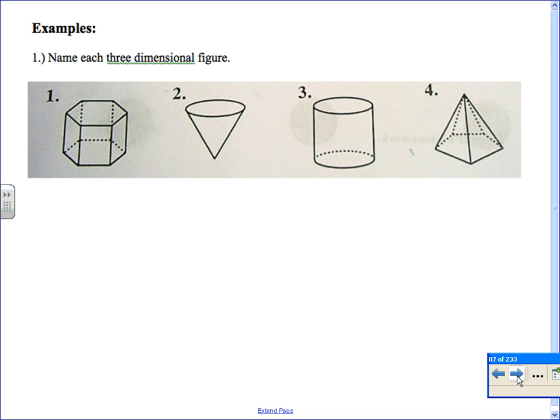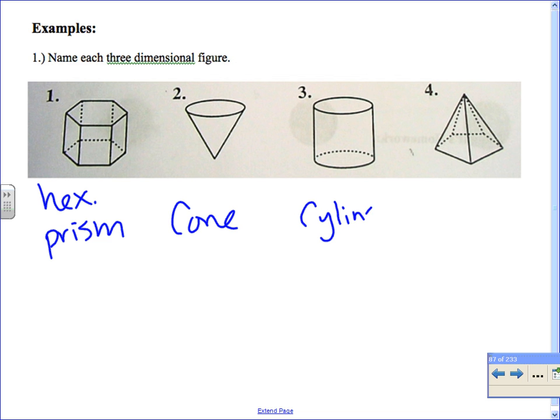Okay, number one, Briar. Good. Okay, number two, Alyssa. Good. Charles, number three. Good. Zach, number four. Good. Pentagonal, I'm going to abbreviate pyramid. Okay.